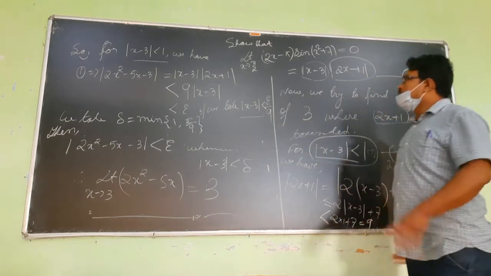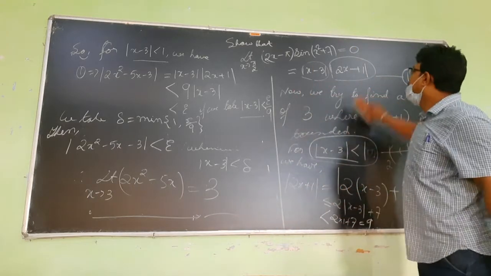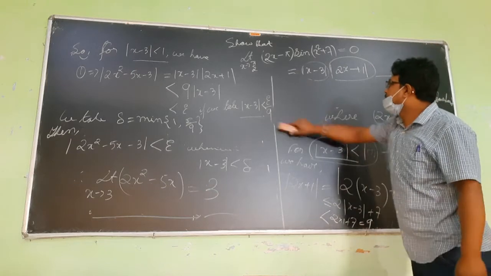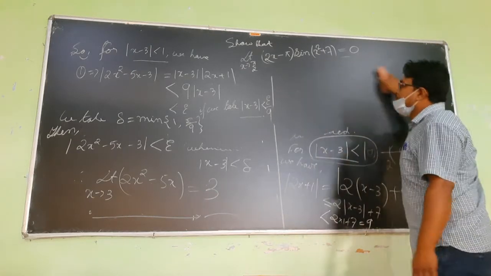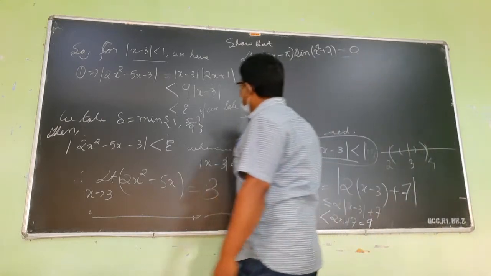Suppose I want to show this. Very simple function. Suppose I want to show it from the definition, using the epsilon and delta concept.